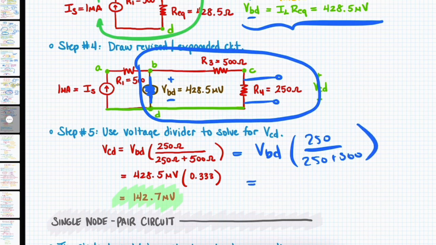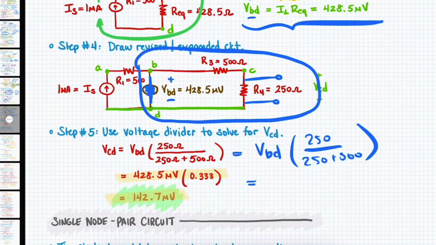And that leaves us with, okay, it's all shown right here, 428.5 times 1/3, which gives us 142.7 millivolts. So, again, a good example of what to do when you have a circuit that's almost like a single loop, but perhaps not quite.